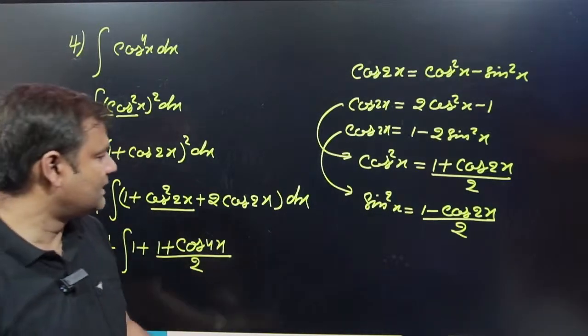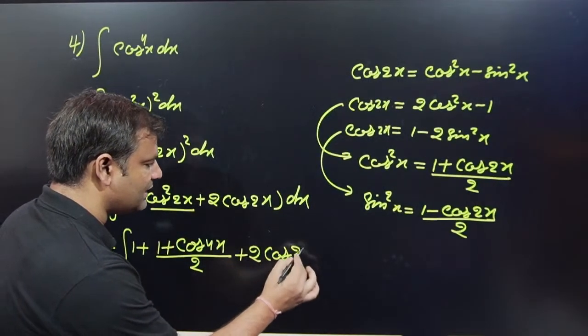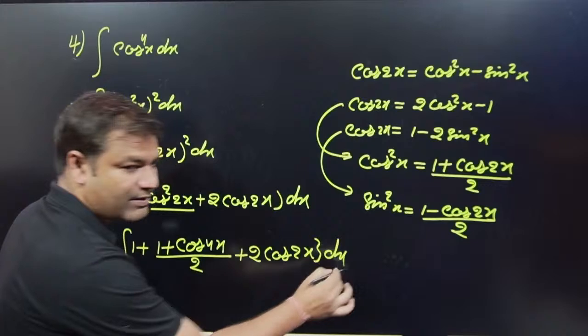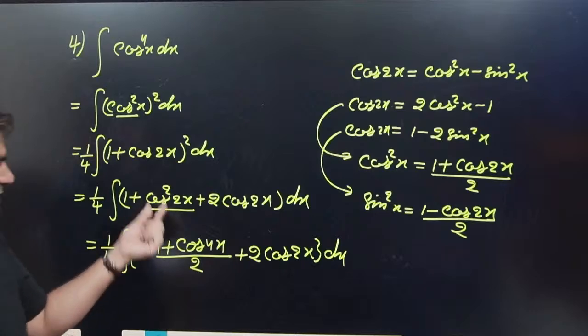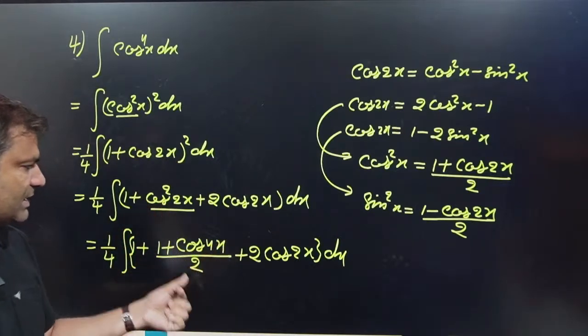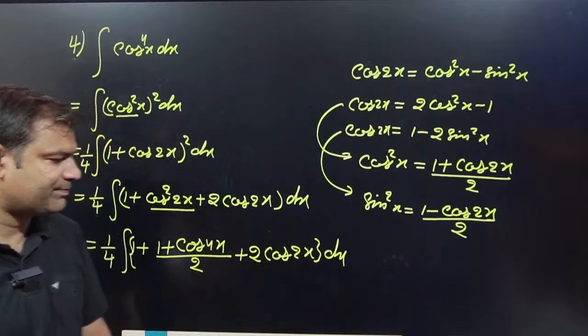After that plus, that one is written 2 into cos 2x into dx. Clear or not? So simply this one is replaced by 1 plus cos 4x divided by 2, and this one is written 2 into cos 2x into dx.